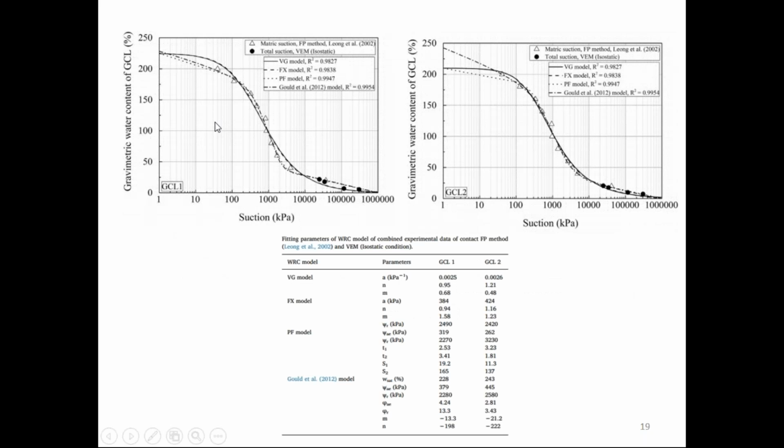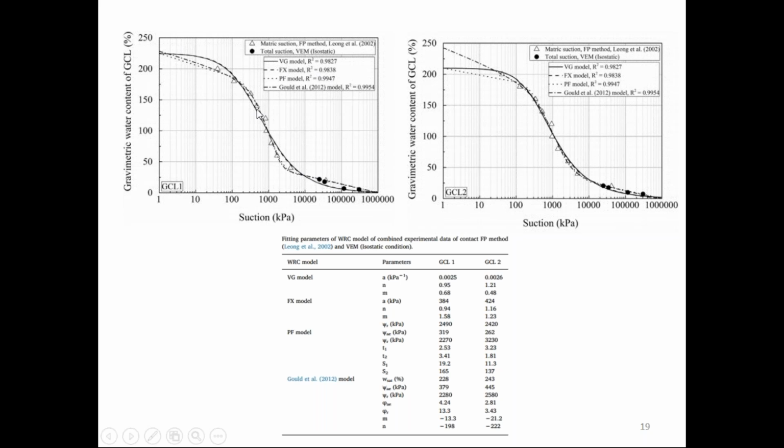So this is the combined water retention curve obtained from the filter paper method with the vapor equilibrium technique. As discussed in the beginning slides, VT is used for the high suction range, while filter paper is used for the low suction range. That's why filter paper and VT are adopted.